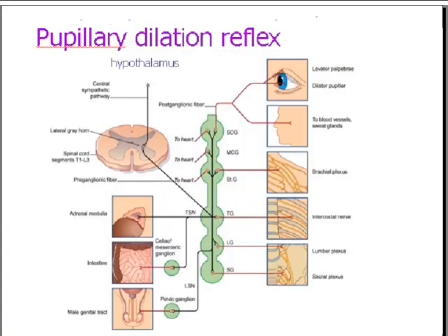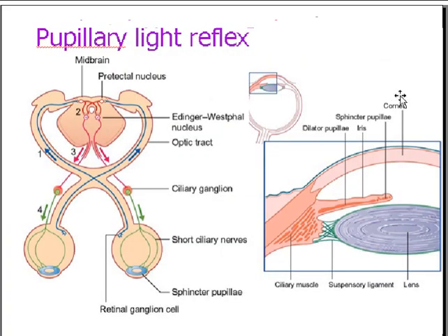It's this ciliaris muscle which is made to contract. It is supplied by the parasympathetic fibers. When it contracts, the suspensory ligament is relaxed. Normally this is tense because this is pulled. When this ciliaris muscle contracts, it moves this way and relaxes the suspensory ligament. So your lens now can bulge out a little more.